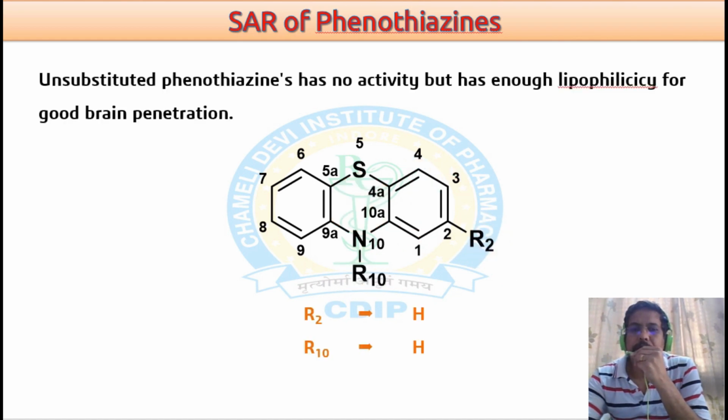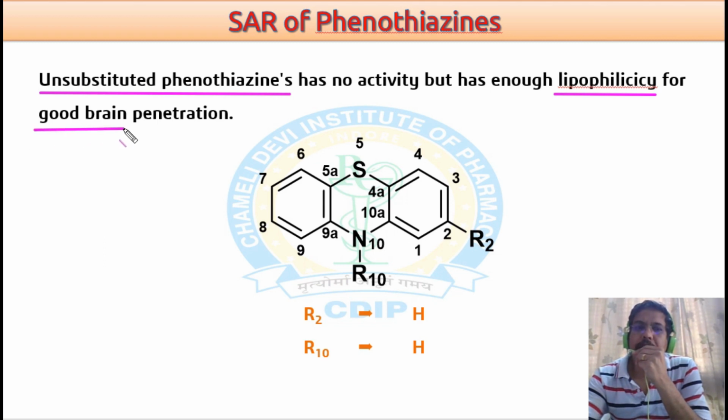So if you look for unsubstituted phenothiazine, this unsubstituted phenothiazine doesn't show any activity, but it has good lipophilicity, which is responsible for the penetration of phenothiazine nucleus to the brain.